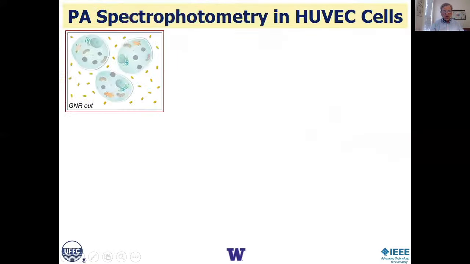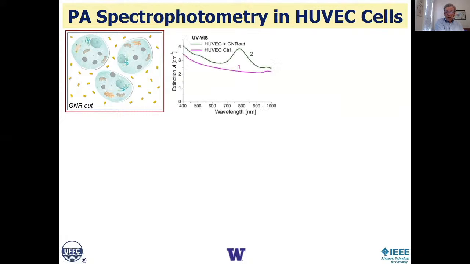Okay, and so what kind of results do we get? Here's a very simple test case that just shows the potential power of this instrument. Here we have cells, HUVEC cells, human umbilical vascular endothelial cells, which are just in solution with some nanoparticles, which maybe you're going to use for some therapeutics.